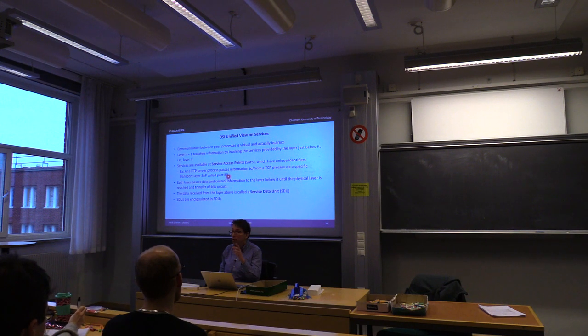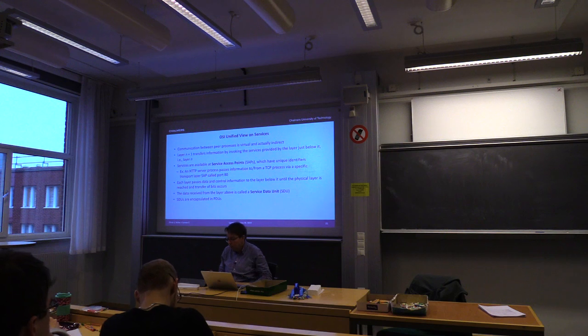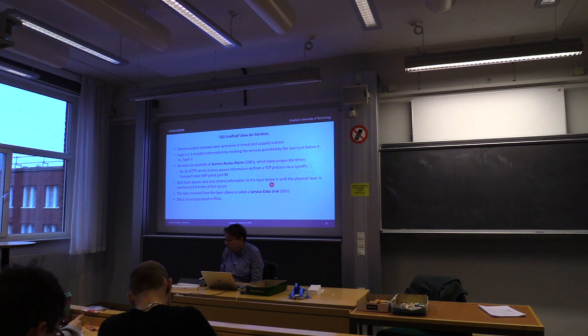I will show you a diagram of this later on. Basically, service access points are where data goes from one layer to another layer in the same node. Each layer passes data and control information to the layer below it until it reaches the physical layer, and then the data is actually transmitted.